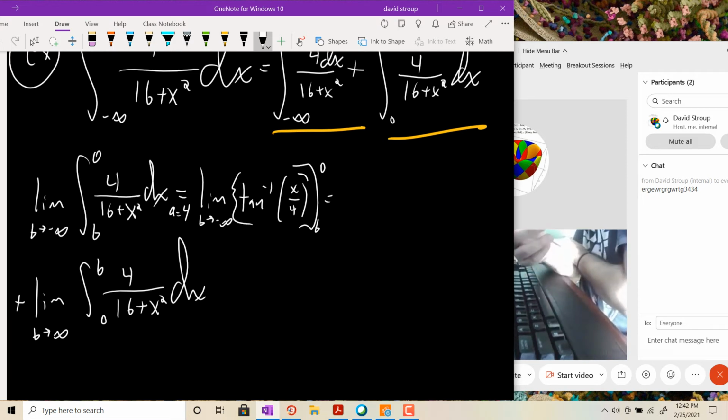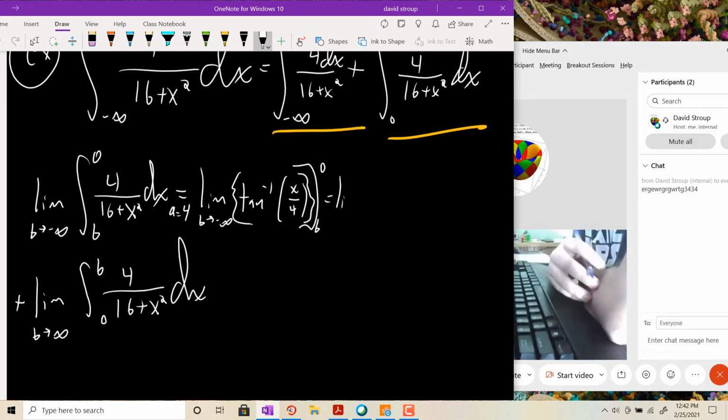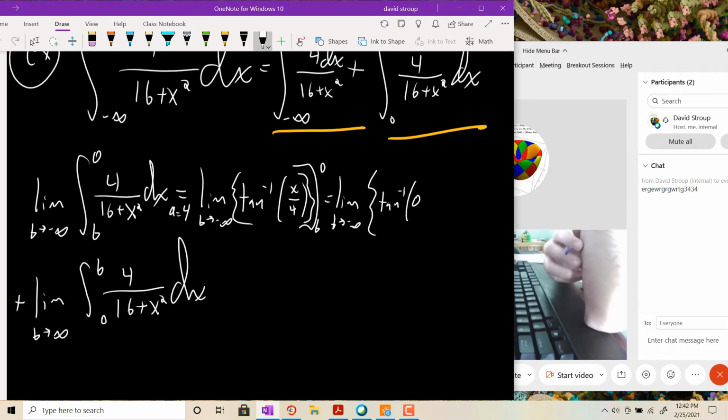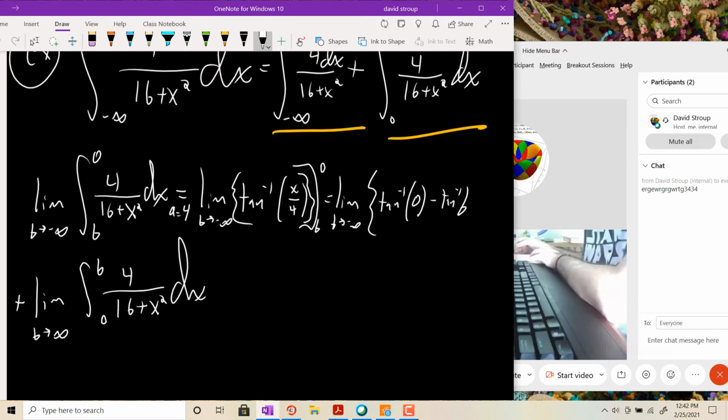So substituting into the antiderivative, I'll have tan inverse of 0 minus tan inverse of b over 4 in particular, but just putting b in there won't make a difference. We'll get the same answer.